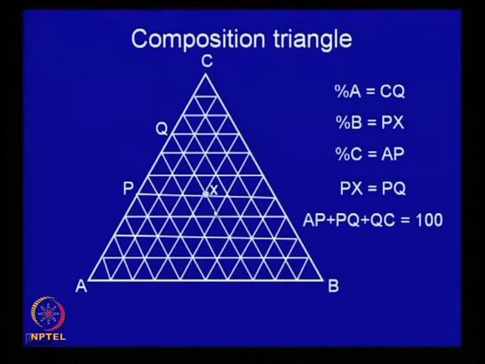Let us begin this lecture with the composition triangle, which is shown over here. This corner represents pure A, this corner represents pure B, this corner represents pure C. Like in a 2D graph, several lines can be constructed in this triangle, and these lines represent composition in some way.